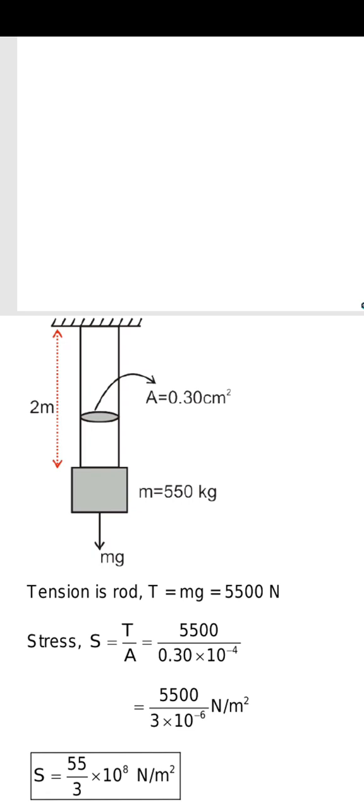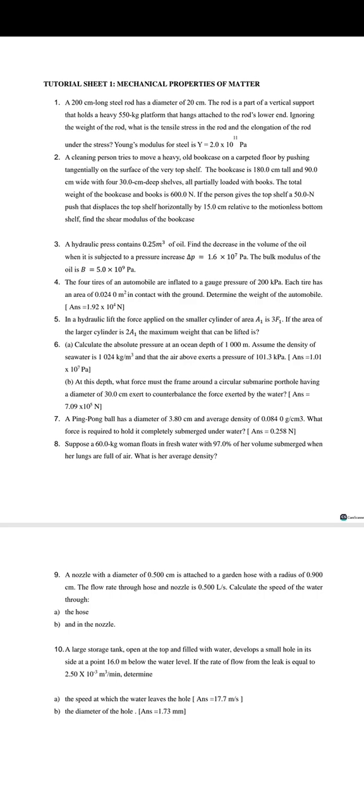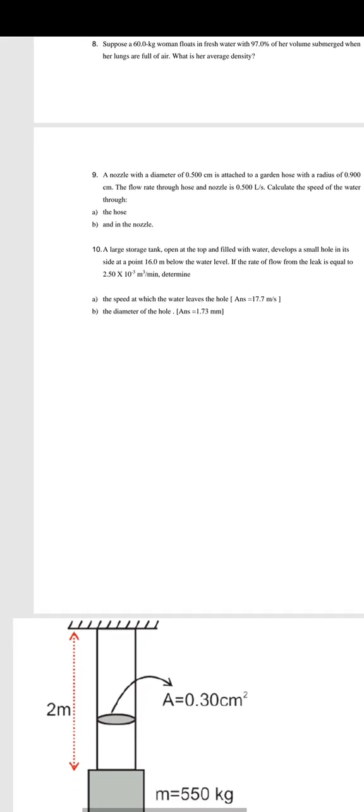So, we have to convert that 200 centimeters to meters, so it will be 2 meters long. And then we are told that it has a diameter of 20 centimeters.